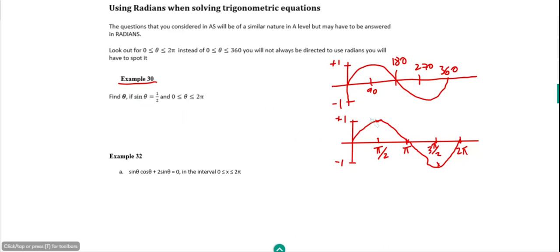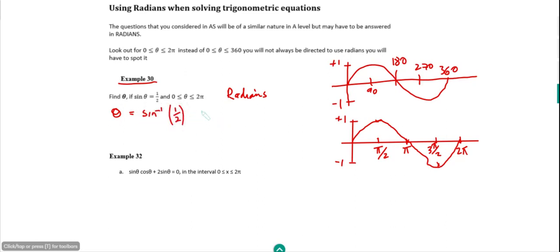And so then what we can do is find our working angle just as we would have done if we were using degrees. So we would set our calculator to radians mode, so it must be in radians, and we would solve this one by saying, well, if sine theta is equal to a half, then theta is equal to sine minus 1 of a half.